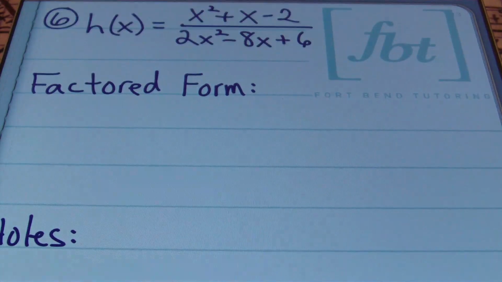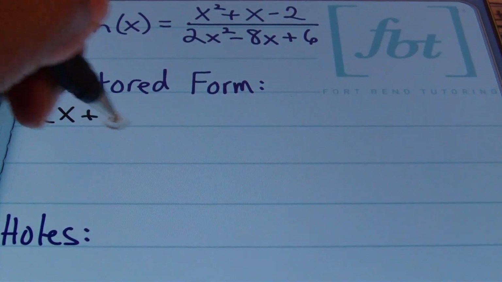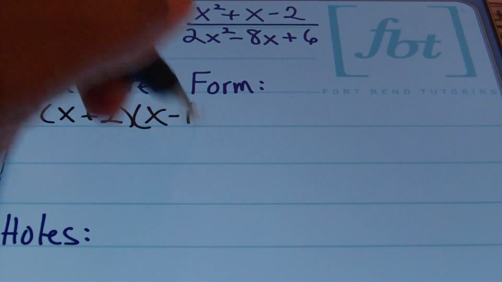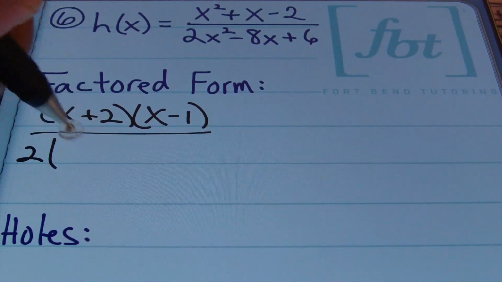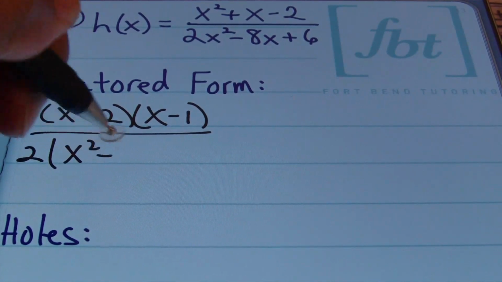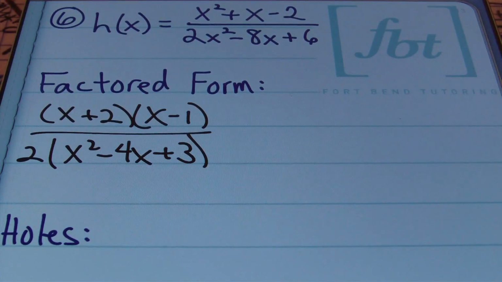We'll be factoring this quadratic trinomial in the numerator into (x plus 2) times (x minus 1), and in the denominator we have a GCF, the greatest common factor, which is 2. So you can factor that out first. Factoring out 2, you'll have x squared minus 4x plus 3 in the denominator, and we must factor completely.